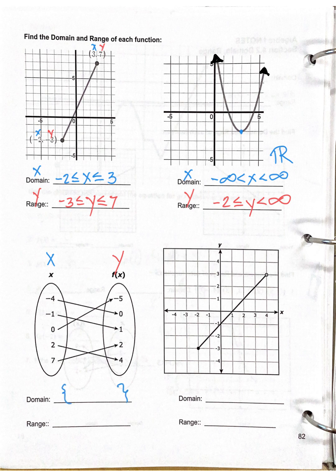We always start from smallest and go to biggest. So smallest for x values for the domain would be -4, -1, 0, 2, 7. Our y values, which would be our range, are going to start with the smallest value of -5, 0, 1, 2, 4.